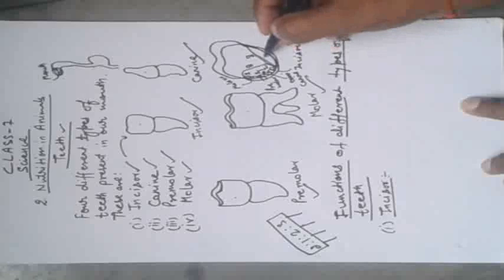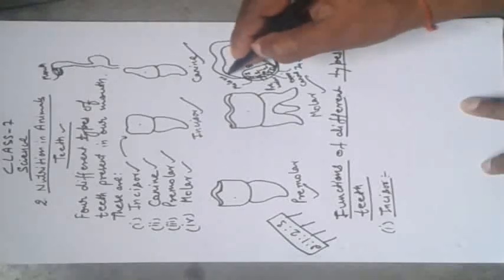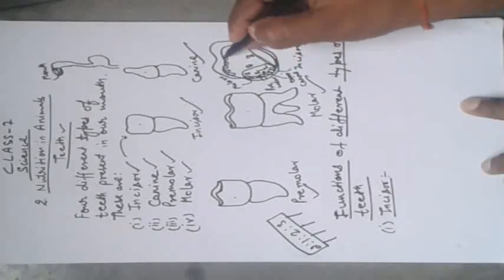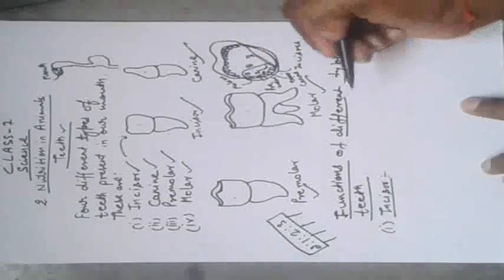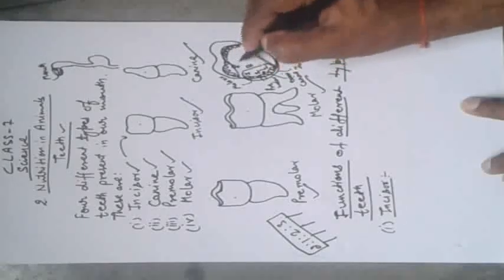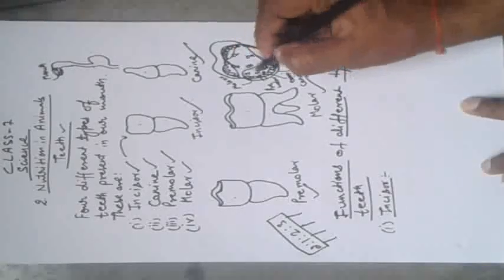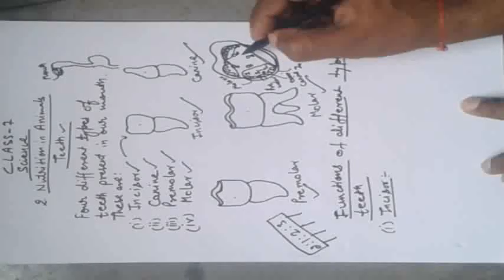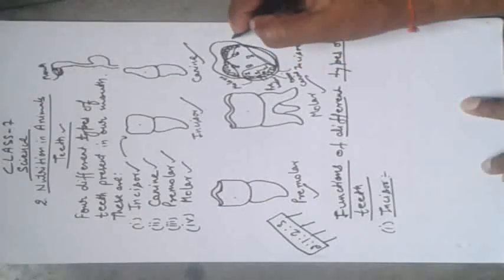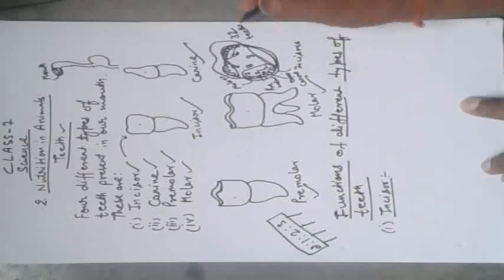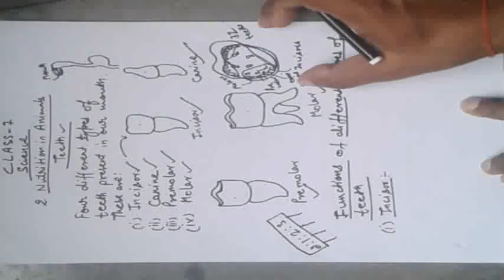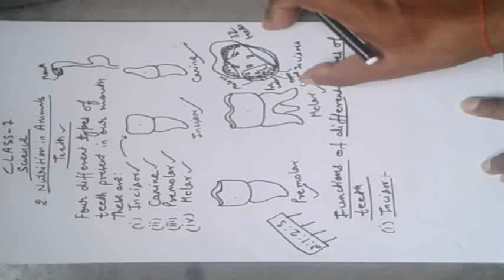In the same way, the upper jaw of our mouth also has 8 teeth on each side. If we add all these teeth, we get 32 teeth present in our mouth.